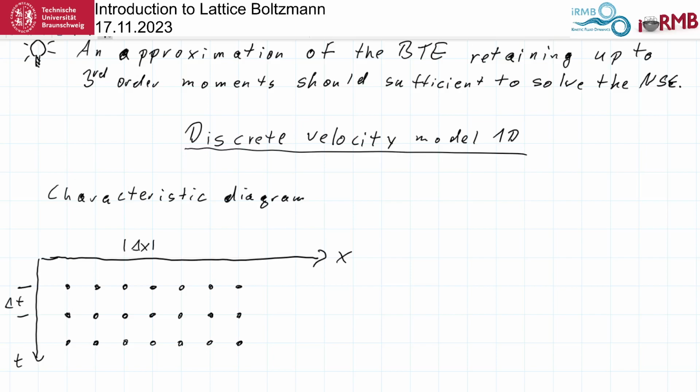And in this, we have particles that are moving around. Oh, no, not particles, populations that are moving around, and what they can do is, for example, they cannot move. So if they do not move, they will just stay in the same place and go from one time to the next time level.